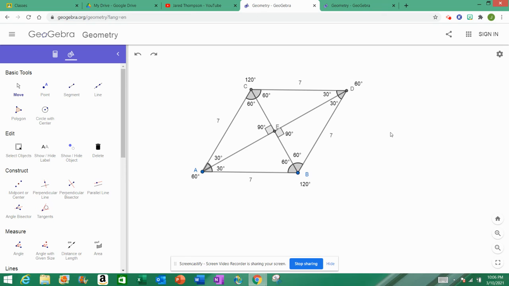So again, these two angles that are 60, that's the entire angle here. Those are opposite angles and they're congruent, which is what we expect to happen. But then when the diagonal intersects the angle, it cuts it in half again, because 30 is half of 60.